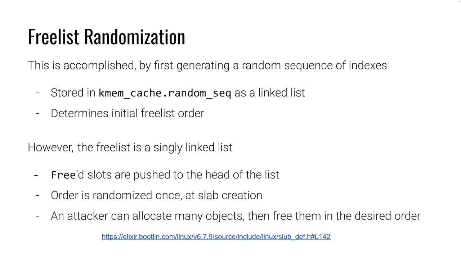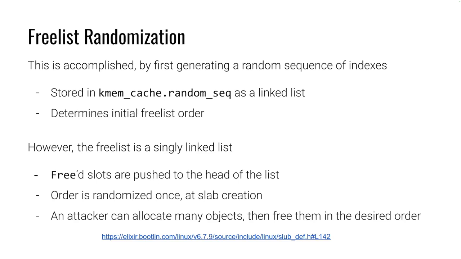But recall that the free list is essentially a singly linked list, and freed objects of a singly linked list are pushed to the head of the list. Now, the order may be randomized once at slab creation, right, when the slab is first brought in, but if an attacker has the ability to allocate many objects, then the attacker can allocate the entire slab, let's say.